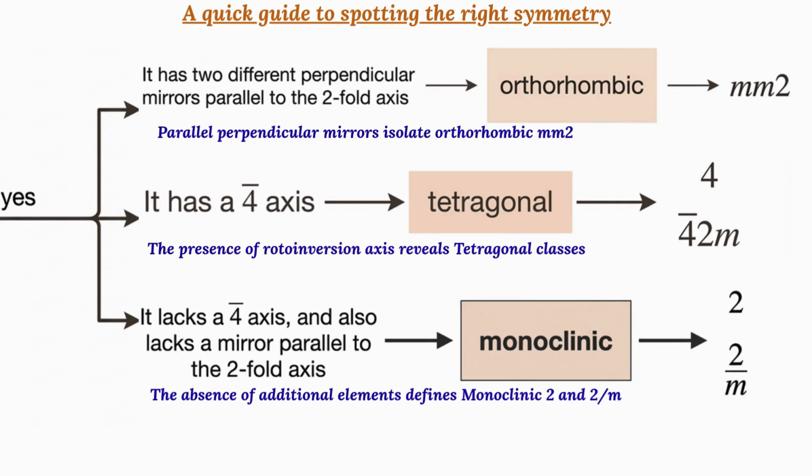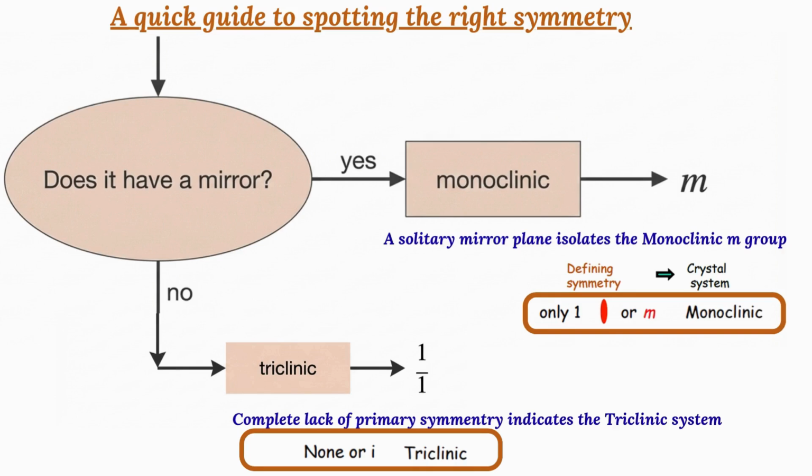Tetragonal we can simply say has a fourfold axis, only one fourfold axis. The next question is whether it has any mirror plane or not. If the mirror plane is there, then it is a straightforward answer. Even if it does not have any twofold symmetry and has only a mirror plane, then it is called the monoclinic system, and that point group name is m.